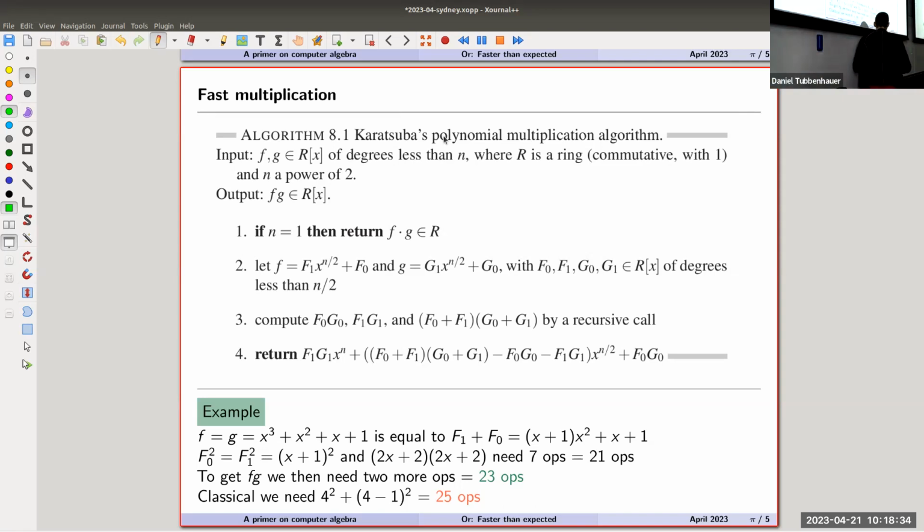Because it's just a 2 by 2 algorithm now, which has 3 multiplications and some additions. Additions don't really matter for those 4 polynomials. Here, our grid, I think, again 1, 2, 1.